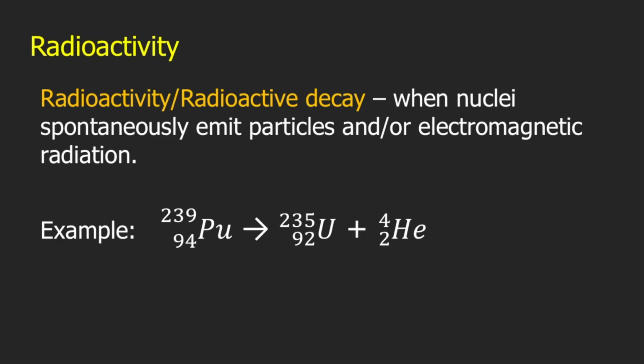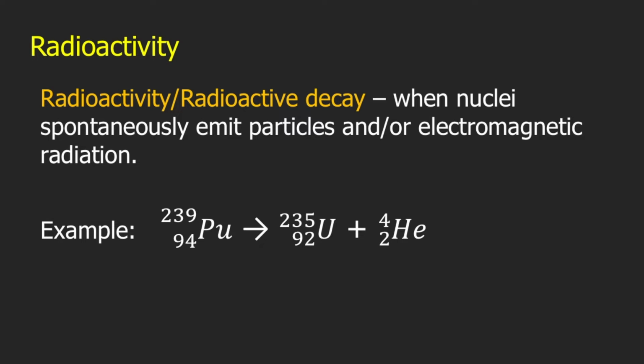Now, I will discuss the proton-neutron ratio in a separate video. For now, let's just focus on the fact that whenever something is unstable, it wants to achieve a more stable form, right? And in order for these unstable isotopes to become more stable, they undergo radioactivity or radioactive decay.